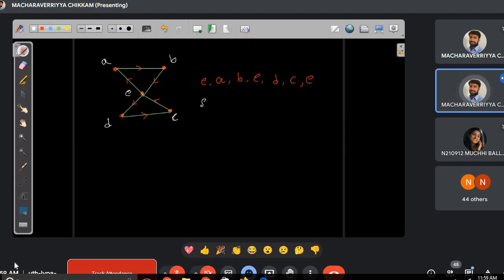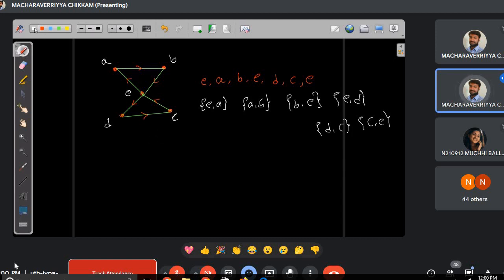The edges that we travel here are EA and AB, BE and ED, and DC, CE. So no edge got repeated here. Only a vertex may repeat, no issue. So it is very clear that this graph has a simple circuit which travels through all edges.